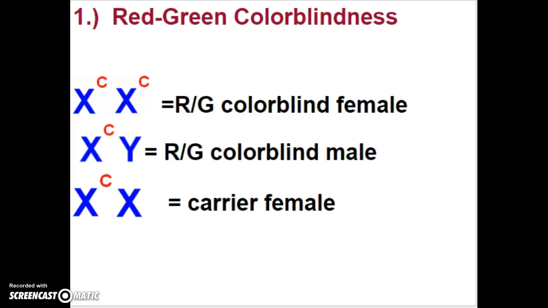A red-green colorblind female would be XCXC. A red-green colorblind male would be XCY. And a carrier female would be XCX. Now that female will have no problem seeing any type of color, but she will carry that one copy of the X chromosome with a greater chance of passing that on to her son.